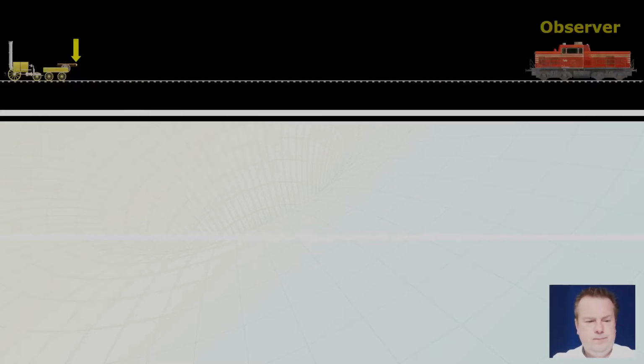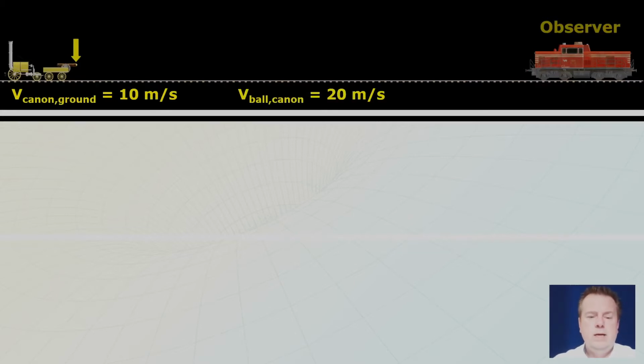Here we have the train with the loaded cannon and the observer. And the train with the cannon will start driving 10 meters per second to the right when I start the animation. The bullet coming from the cannon will leave the cannon with a relative speed, relative to the cannon, of 20 meters per second.